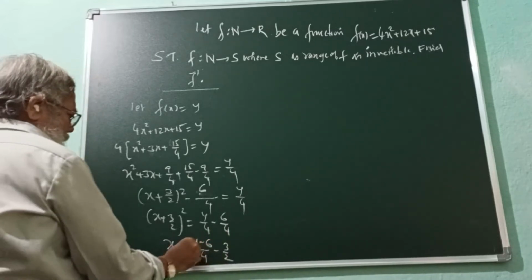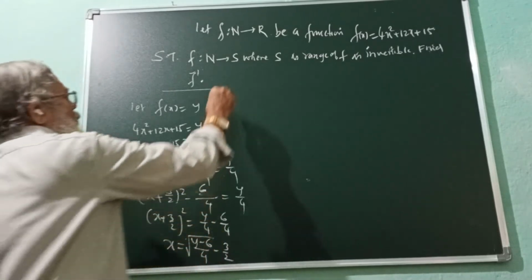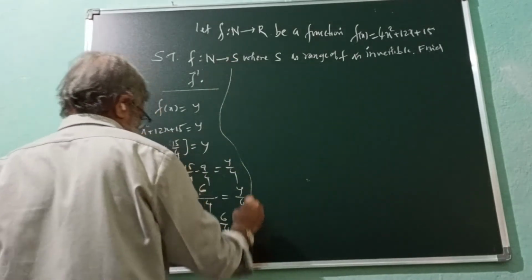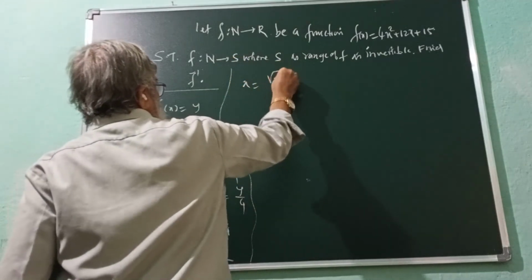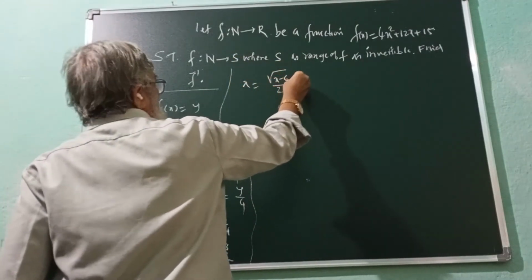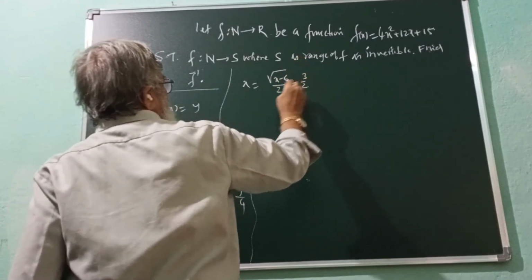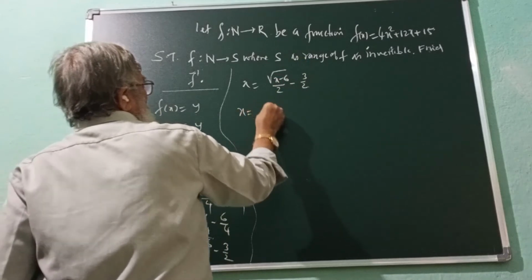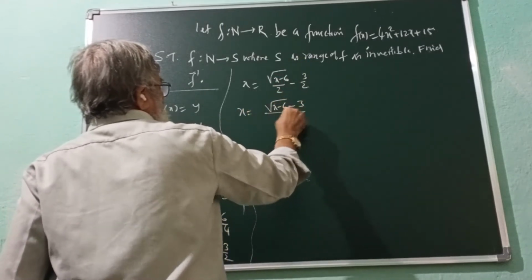Therefore, we can write this as x is equal to root of (x minus 6) by 2 minus 3 by 2. We take LCM, x is equal to root of x minus 6 minus 3 divided by 2.